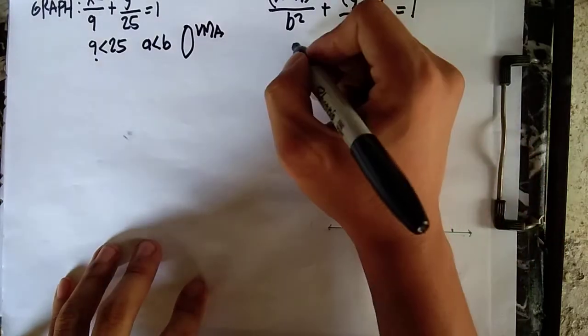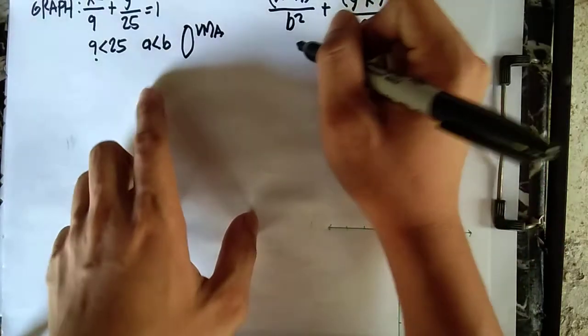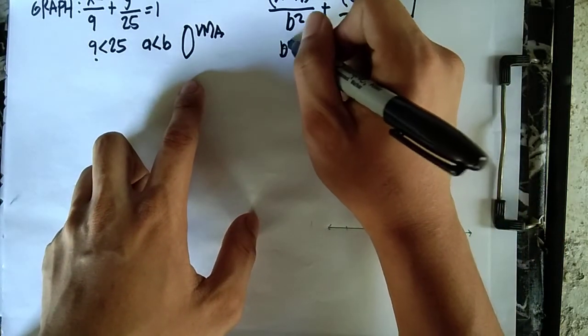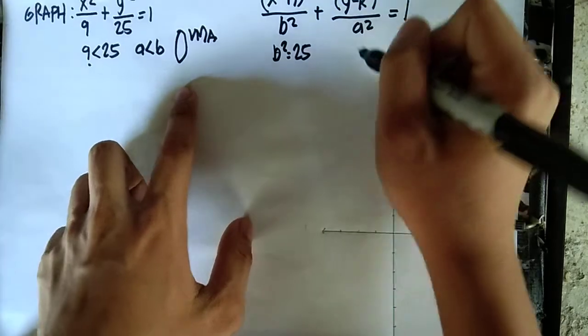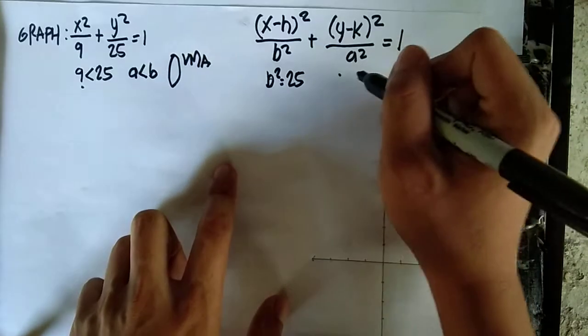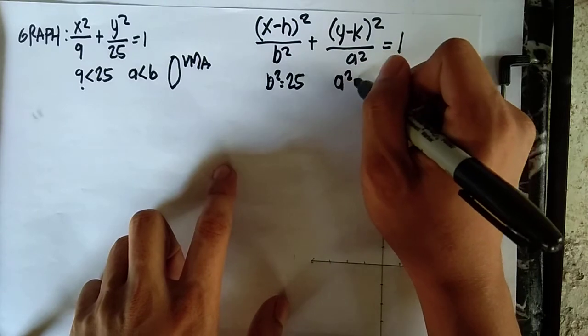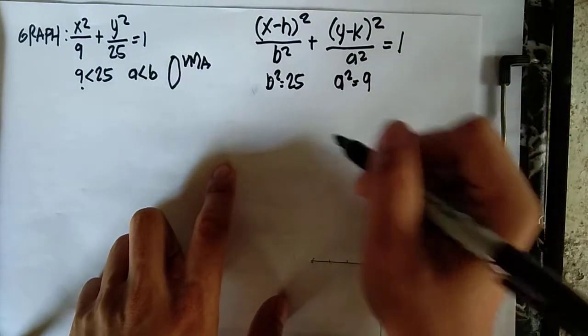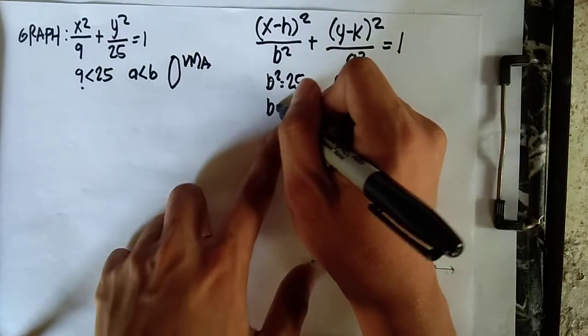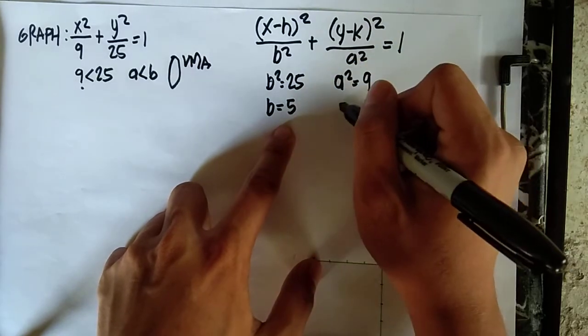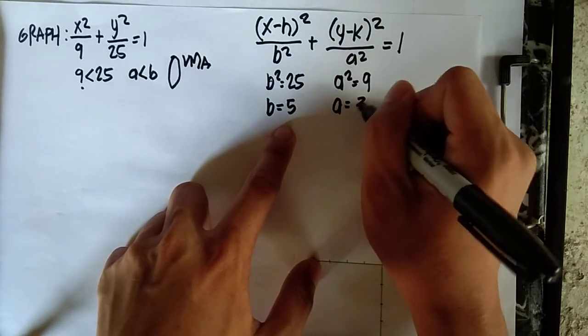And then, we will have b squared is equal to 25, and ang ating a squared is equal to 9. And b is equal to 5, and a is equal to 3.